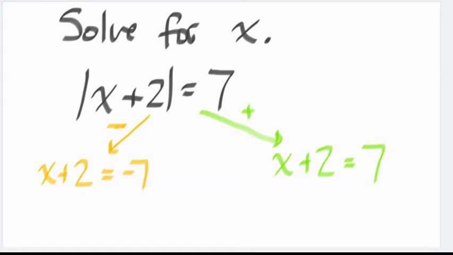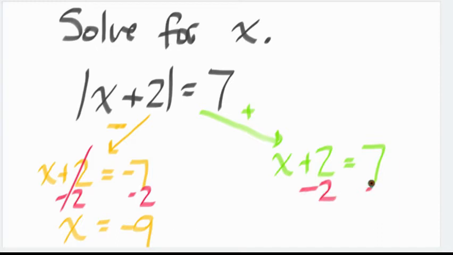And now we can solve each of those separately, because we have not technically solved for x on either of those yet. Subtracting 2 from each side, that'll cancel, and then we'll be left with x equals -9 in the left direction, the negative direction. Now, to solve the green one, the positive direction, we subtract 2 from each side. The 2's cancel, and that is x equals +5.